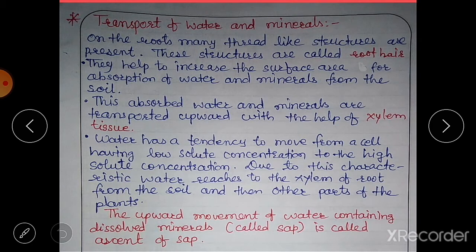Then, transport of water and minerals, how does it take place? On the roots you can see many thread-like structures, and these are called root hair. These root hair help to increase the surface area. In the digestive system, we have seen the small intestine.